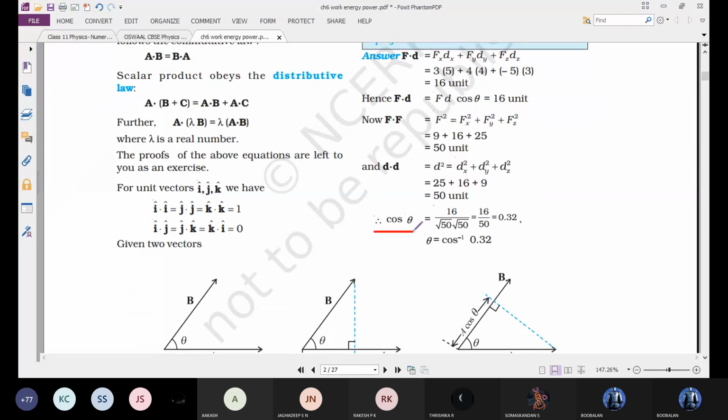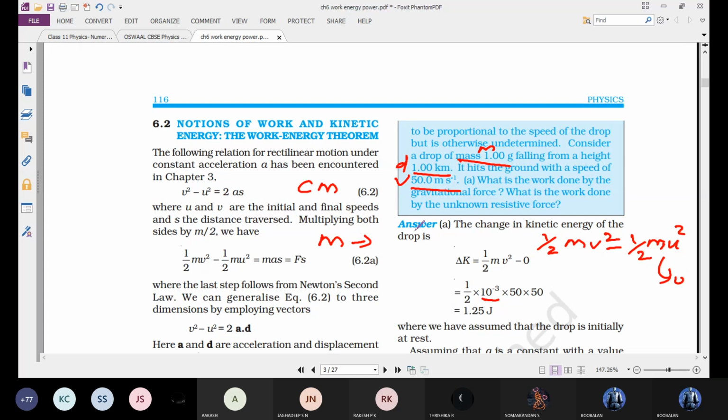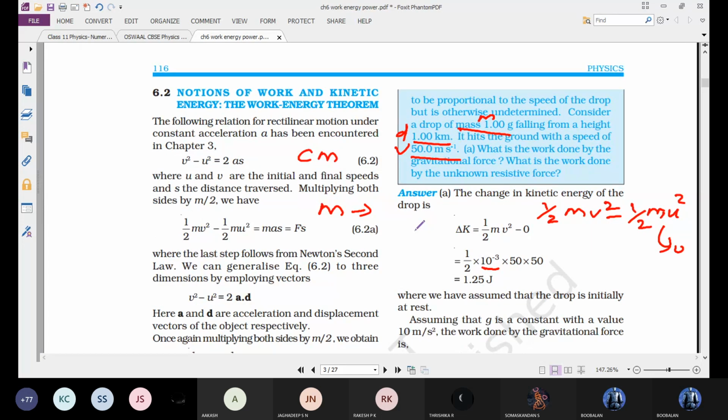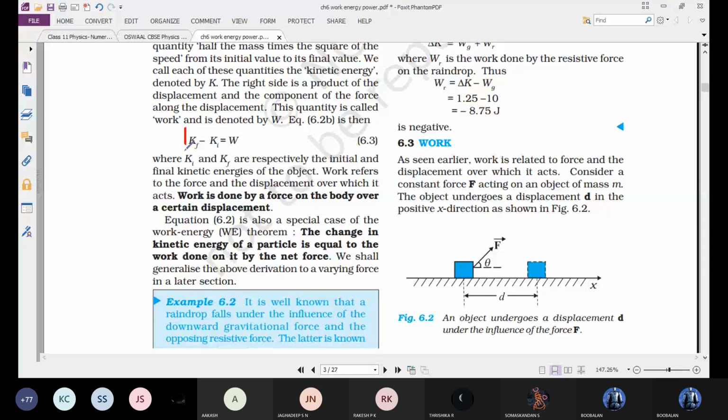So finding the angle cos theta. So after we discuss about the work energy theorem. The final formula, the change in kinetic energy is equal to work.